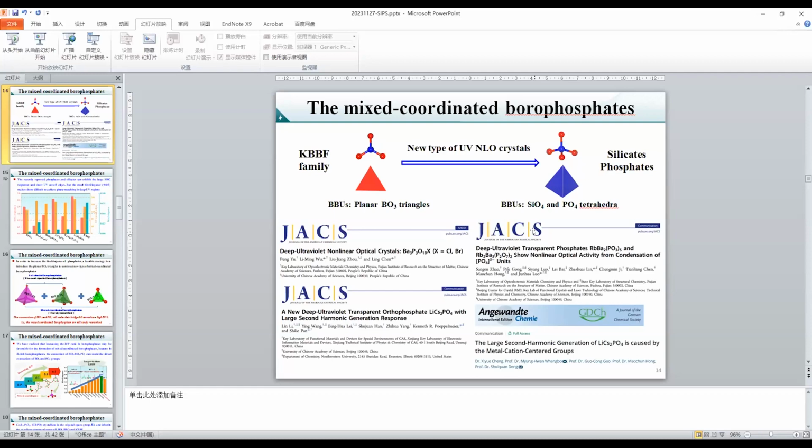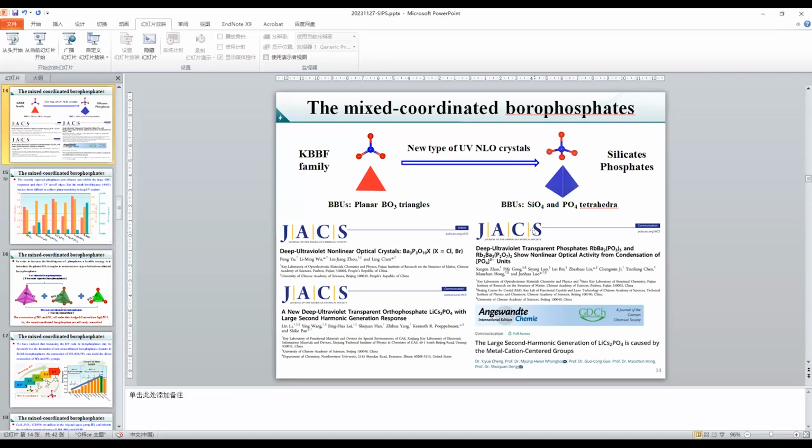But for tetrahedral compounds, because the tetrahedral basic building unit is very difficult to polarize, and the tetrahedral building units have very weak structural anisotropy, they generally have very small SHG response and birefringence.